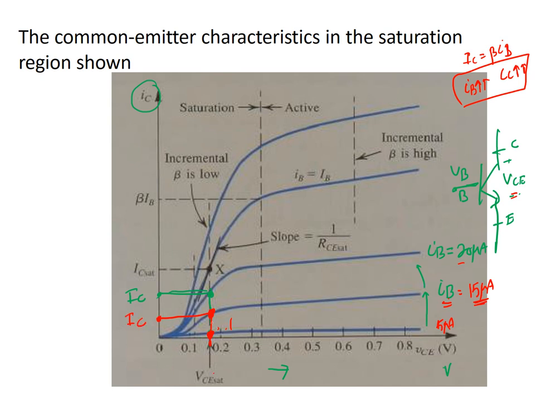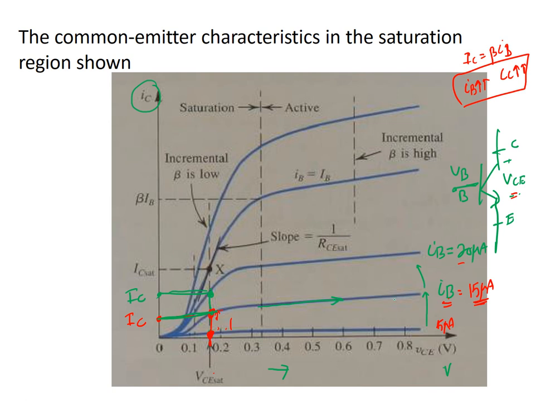Now for this voltage, if I make a further increase in the base current value, then there will be no change. You are increasing the base current value, but you get almost no change in the collector current value, because now it is becoming straight.